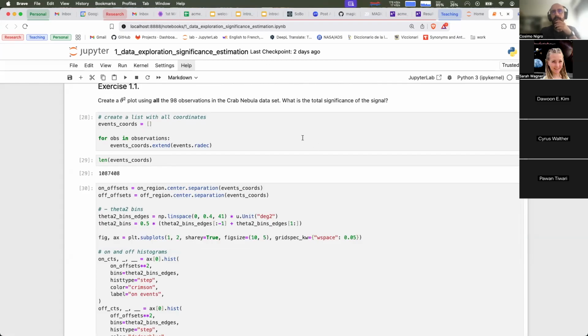Fernando got 172.62 sigma. And what approach did you follow, Fernando? Did you make a giant list of coordinates, or did you create separate theta square histograms and then combine them?